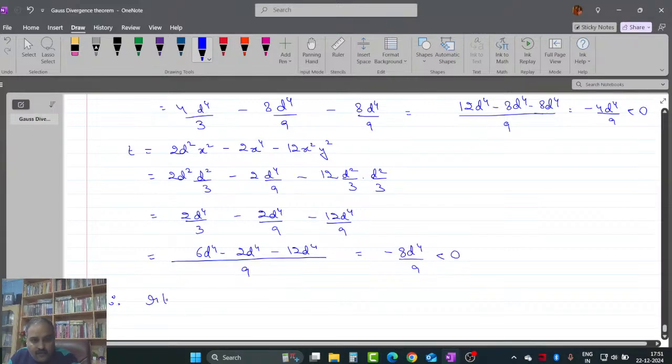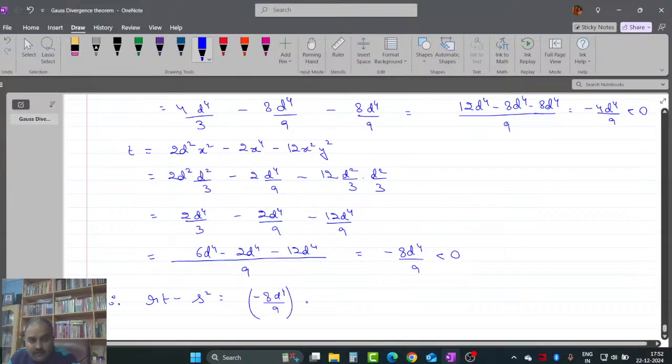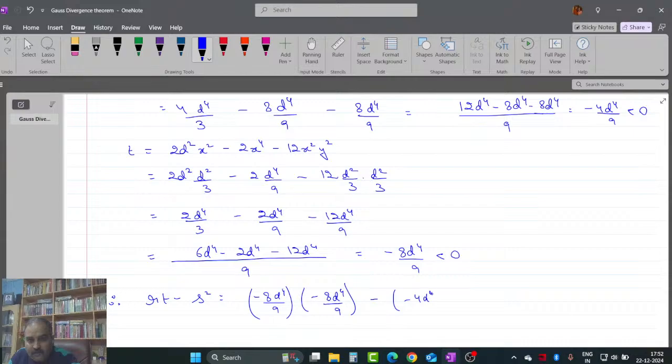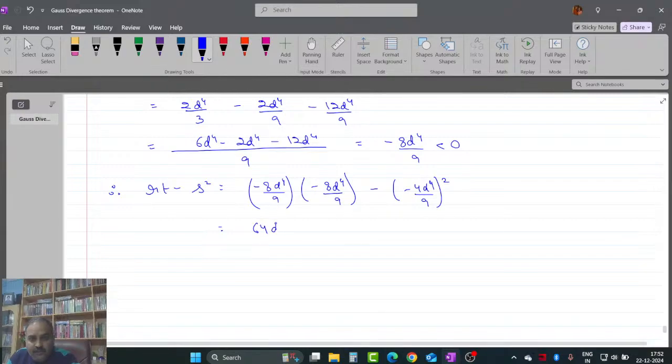Therefore rt minus s square, r was minus 8d⁴ by 9, t is minus 8d⁴ by 9, minus s, minus 4d⁴ by 9 whole square. So negative and negative is positive, 8 times 8 is 64d⁸ by 81 minus 4 square, 16d⁸ over 81.